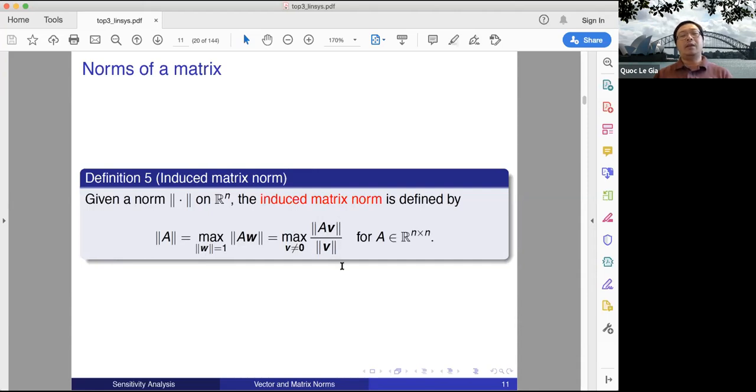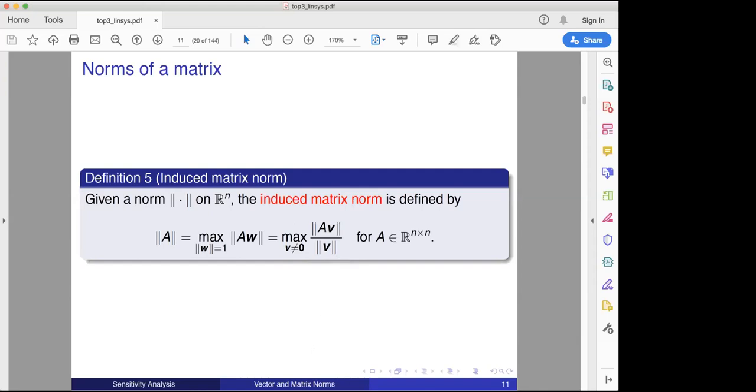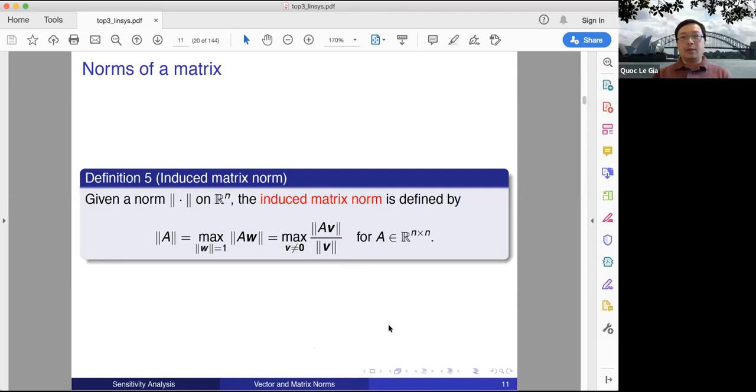Okay, so it's not easy to visualize this. So maybe let me ask you a question, okay? Suppose I take n equal 2. Let me share the piece of paper, yeah?